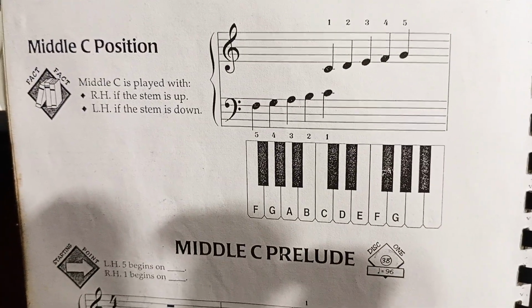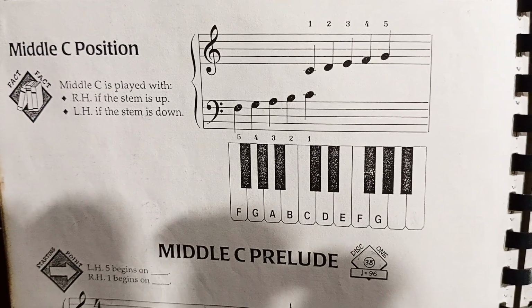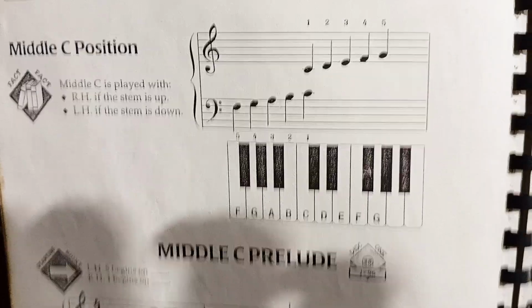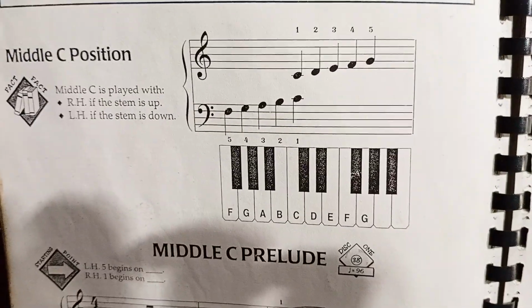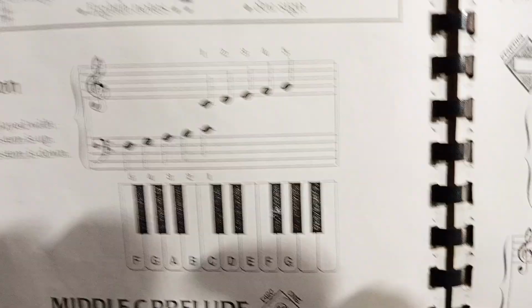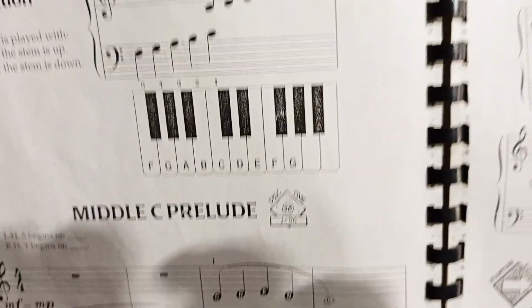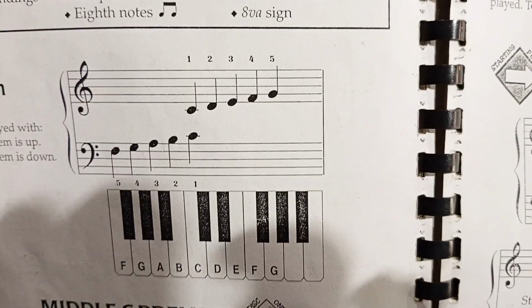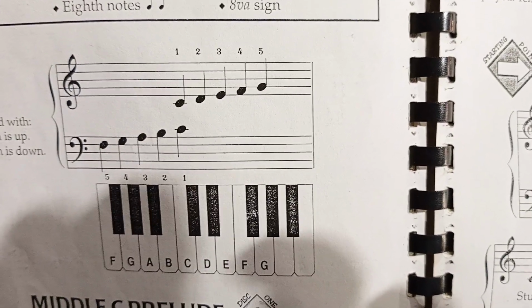The most important thing to consider is when we are playing in the middle C position and we are reading. So when we are reading music like this, say this is my piece of music and it's written like this, I'm going to be reading as I play.